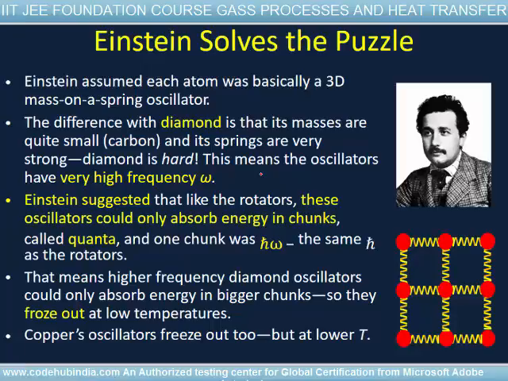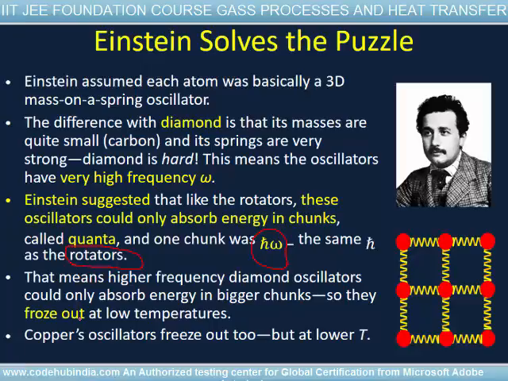And he suggested, like the rotation, that oscillators could only absorb energy in chunks, called quanta. When they oscillate, they absorb energy in a packet of energy. That's the quanta, and one chunk is h omega.